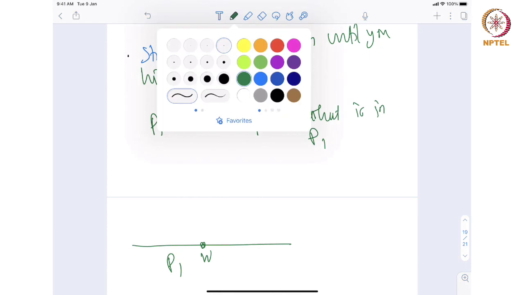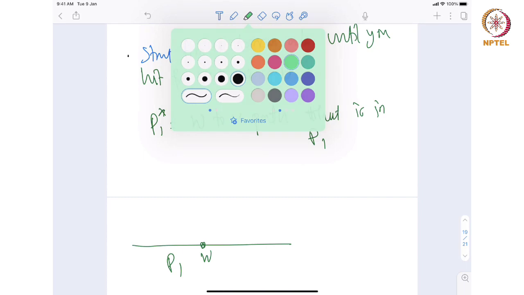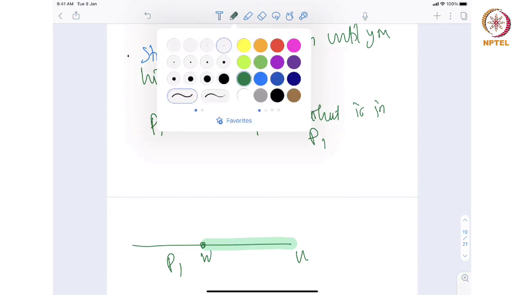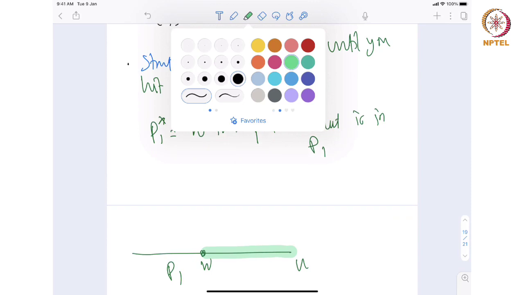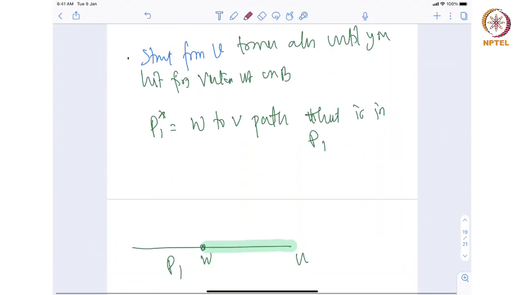So we decided to take this path. Where does it end? It ends at U. And now I have another path from U to W, and starting from U, this is the first vertex that I hit.